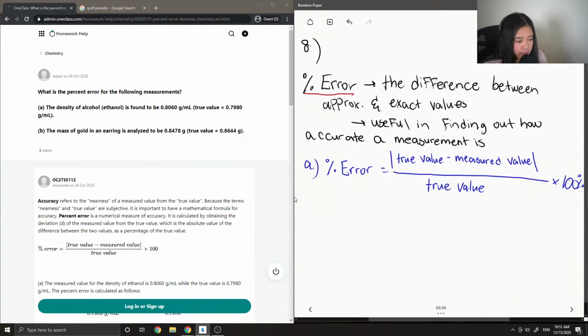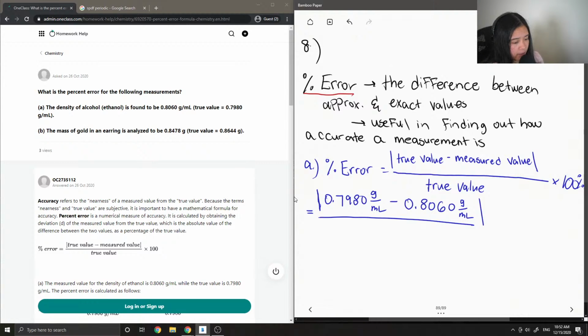So let's do the first example. We're looking for the absolute difference between the true value, which is 0.7980 grams per mil, minus the measured value, which is 0.8060 grams per mil.